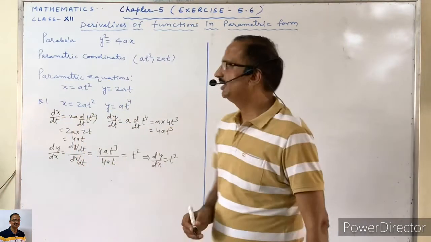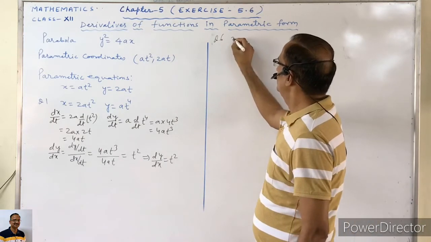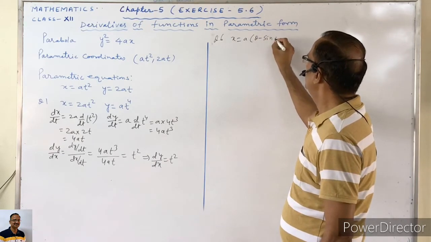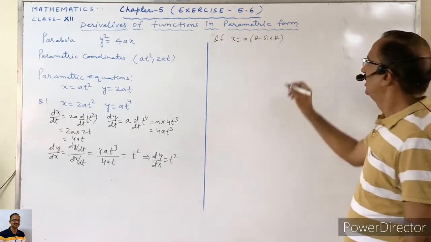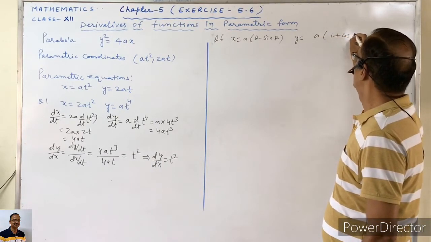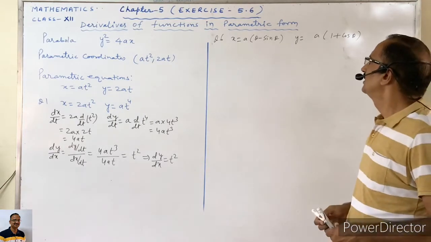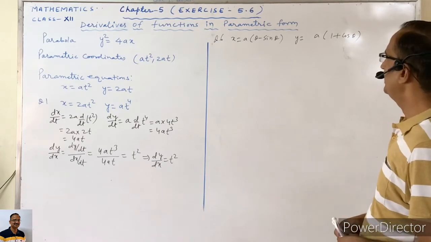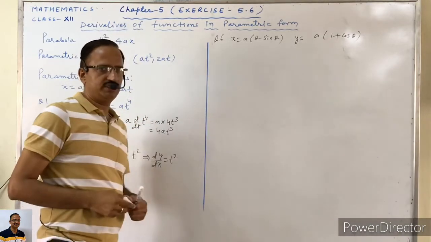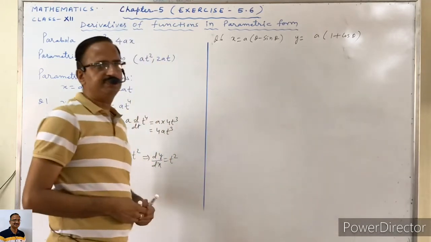Now come to question number 6. In this, x is a in bracket theta minus sine theta and y equals to a into 1 plus cos theta. Now here in question number 6 the parameter is theta. It means x and y depends on theta. A is constant. So we will find the derivatives of x and y with respect to theta.